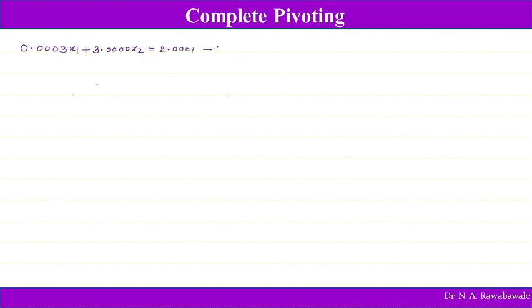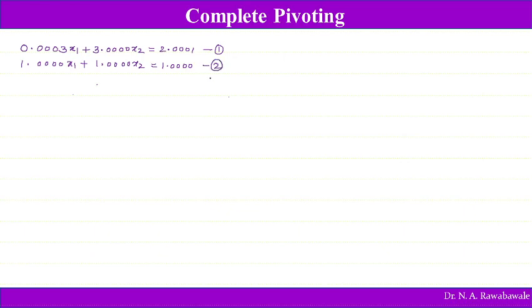So this was equation number 1, and another equation is 1.0000 x1 plus 1.0000 x2, which is equal to 1.0000. This is equation number 2.